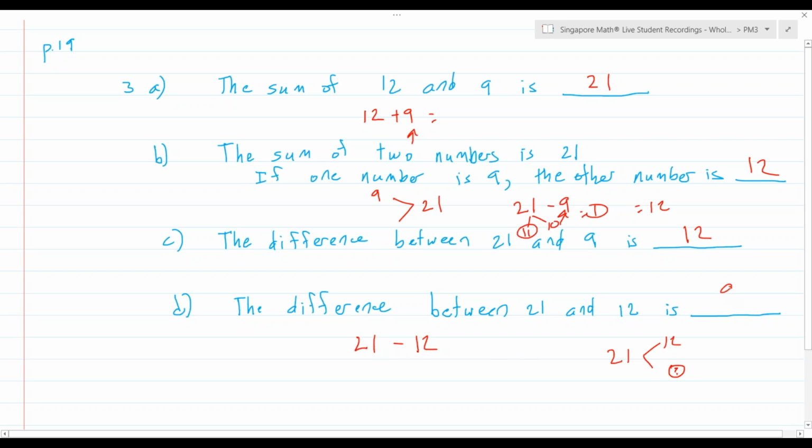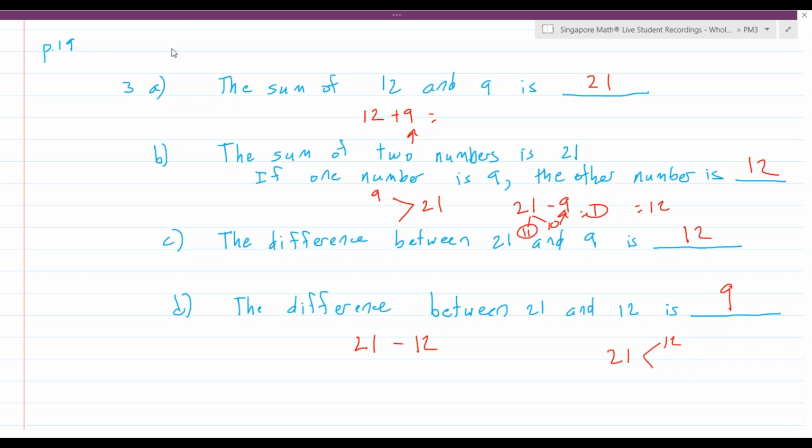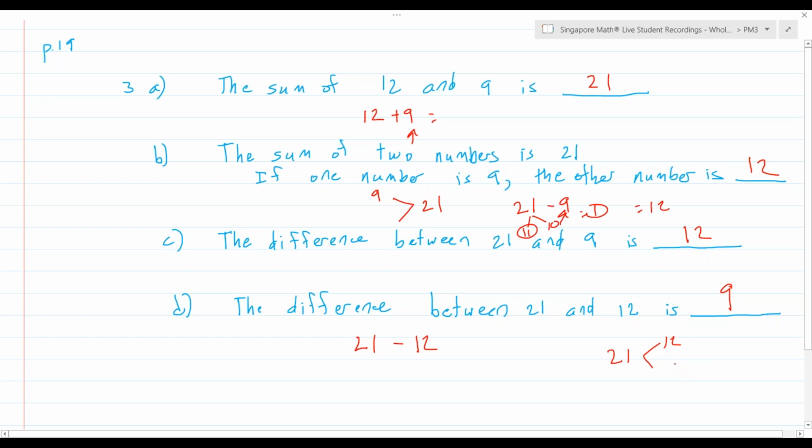And of course, it's going to be 9 because what we have seen from the very beginning of Singapore Math work is that the number bond, once you find the number bond, you can make several different sentences from that.